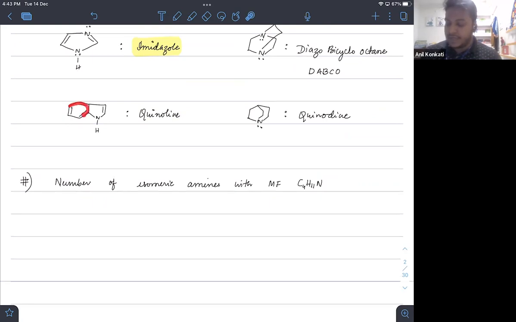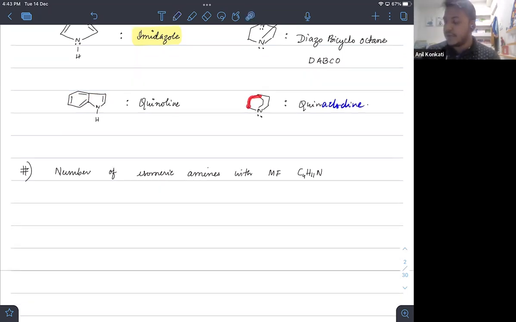And if you have a benzene connected with a pyrrole, then that is quinoline. Benzene connected with pyrrole is quinoline. And in case, I've written it wrong. Quinuclidine.